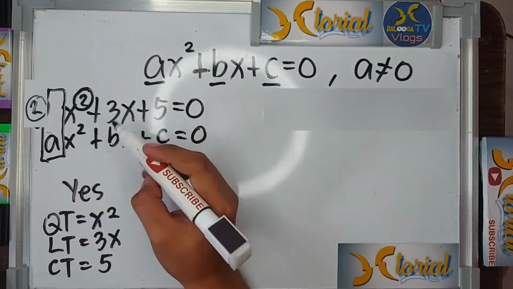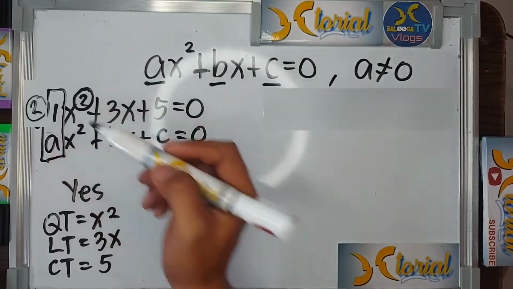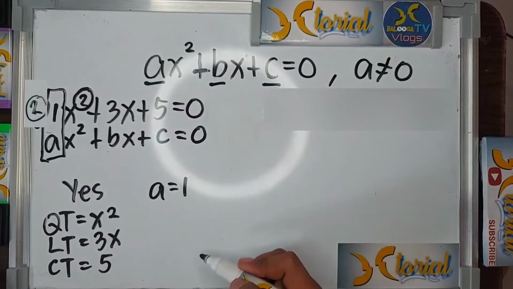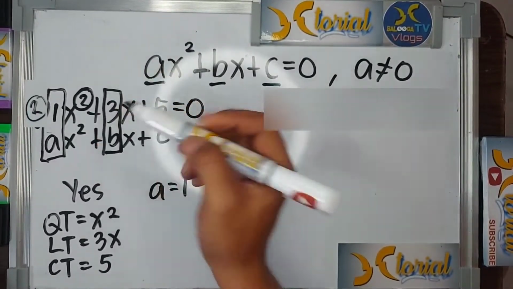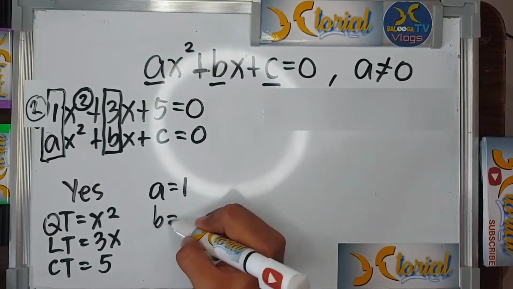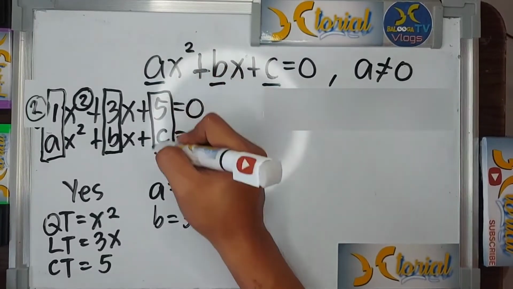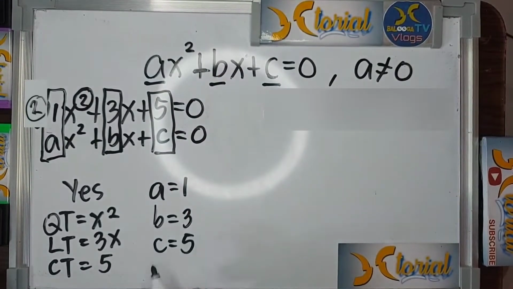So automatic po, pag wala po kayong nakitang kasama ni x squared, automatic na yun po ay 1. So ang a natin dito is 1. So sa b natin, itapat natin, okay, kitang-kita. So our B is equal to 3. And our C is 5.